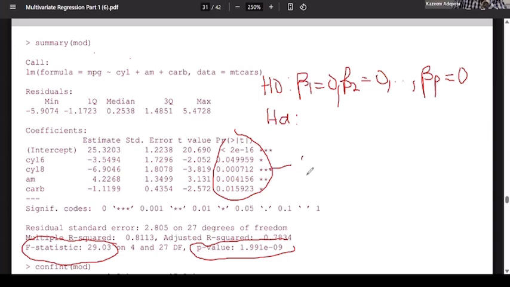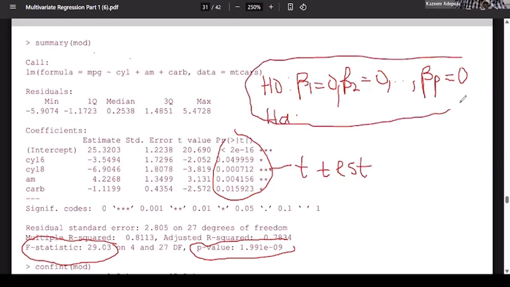Here we use a t-test. For the individual one, it is a t-test. But for the general one, it is an F-test. Please, I need you to pay attention as I want you to know the difference between F-test and t-test.